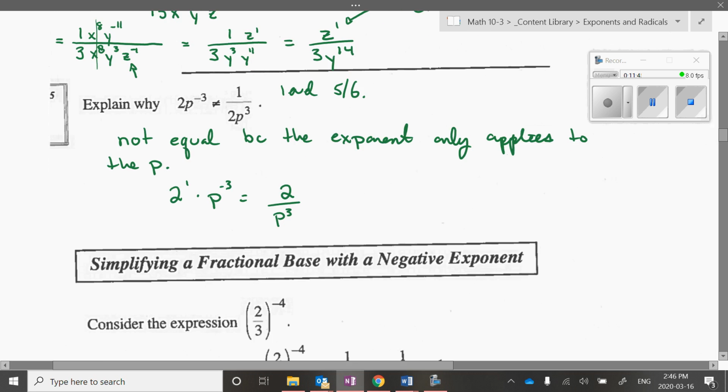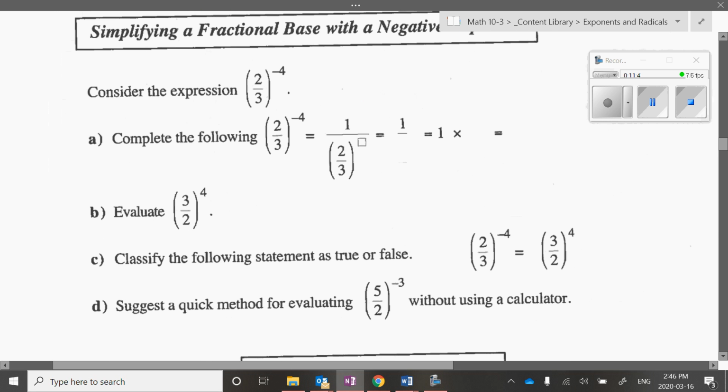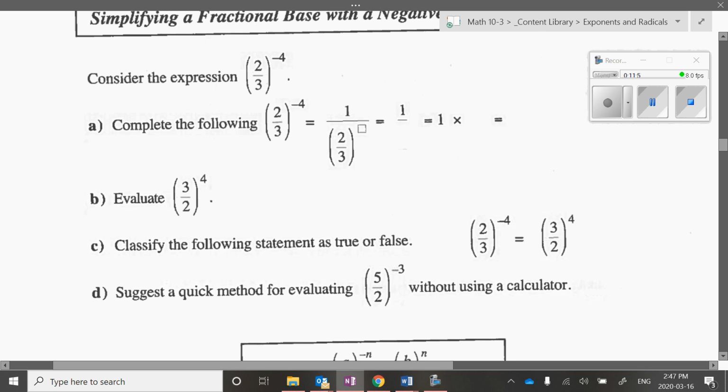Okay, our last little chunk of this. So fractional exponents. If I look at this, 2/3 to the power of negative 4, I could write that then as 1 over 2/3 to the power of 4, which is then really 2 to the power of 4 is 16, 3 to the power of 4 is 81.